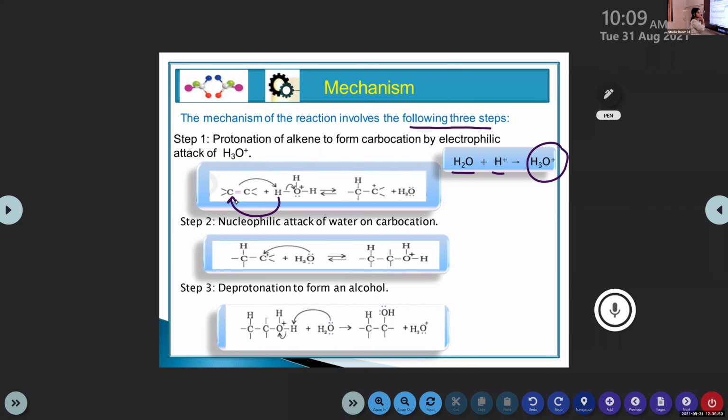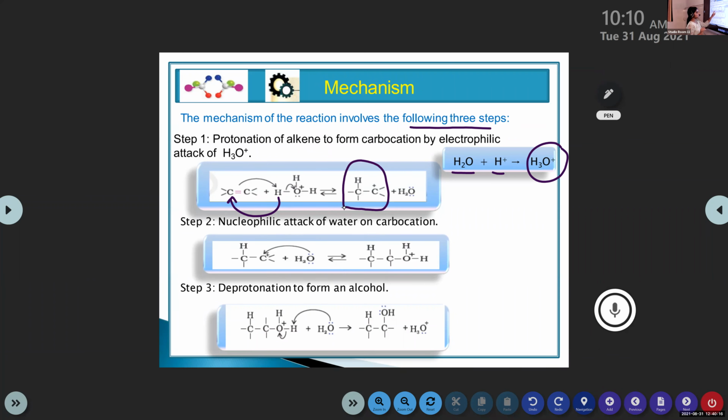Here the valency is satisfied: one bond with this hydrogen and another bond between carbon and carbon. But in the case of the second carbon, only 3 bonds are there, so one bond is short. So we write one plus charge. That's the carbocation formed here.